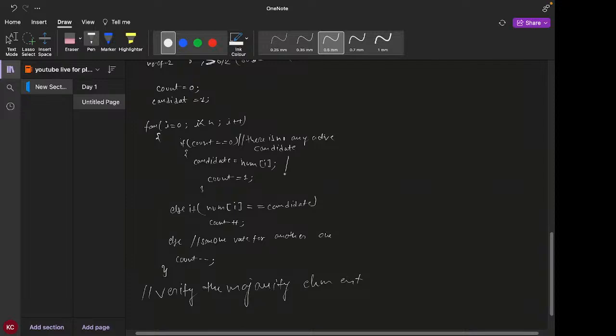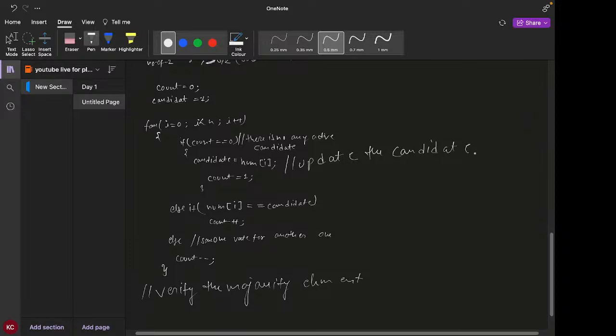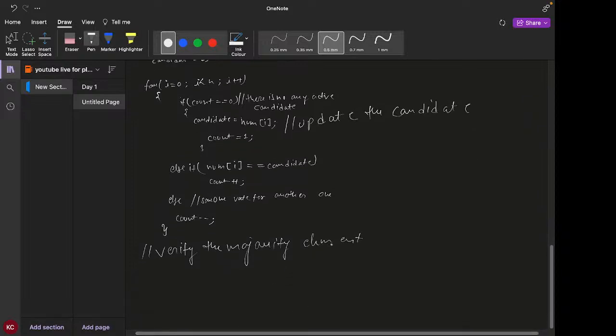Update the candidate here. Verify the majority element.